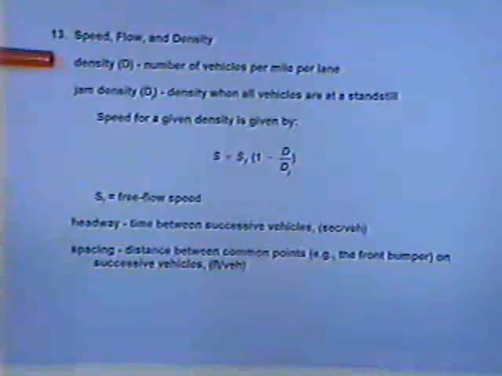A couple of other parameters just to talk about and get familiar with is headway, or the time between successive vehicles. It's given in seconds per vehicle. And spacing, or the distance between common points on vehicles, front bumper to front bumper, rear bumper to rear bumper. Okay.